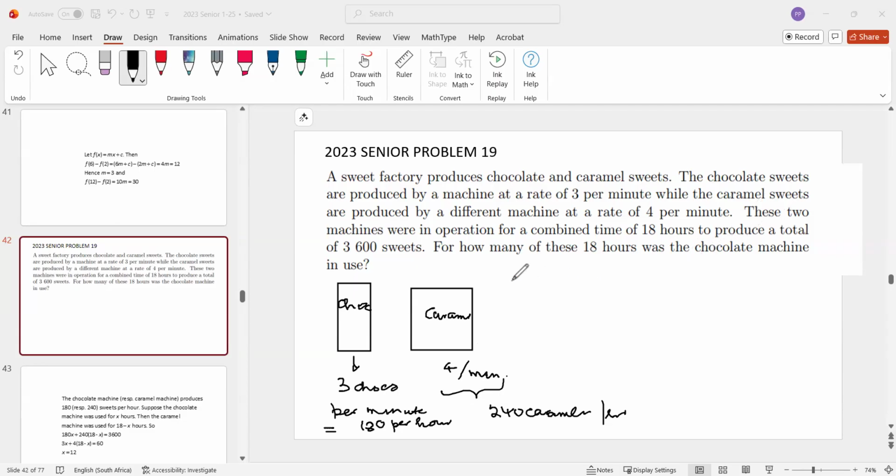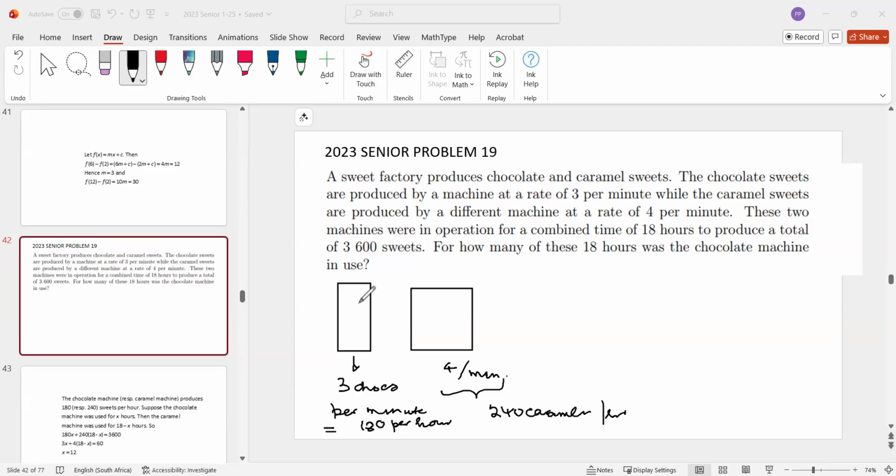Now, it says here that these machines are in operation for a combined time of 18 hours, to produce a total number of 3,600 sweets. For how many of these 18 hours was the chocolate machine in use? So the question is now, this chocolate making machine, we don't know for how many hours it was being used.